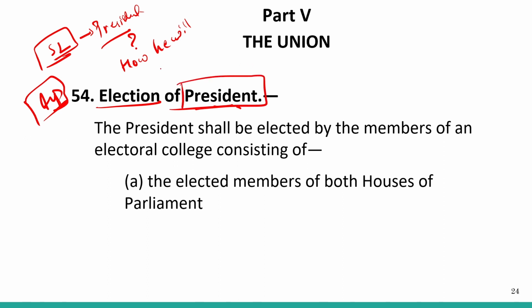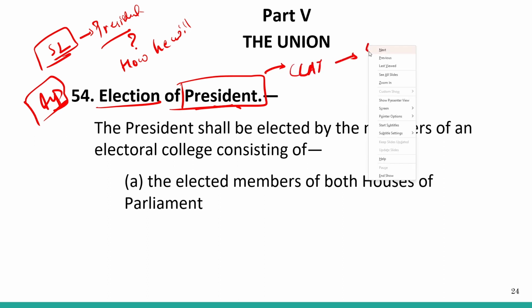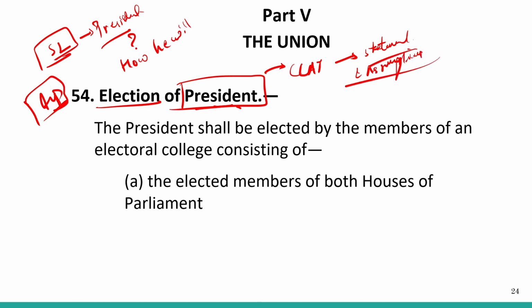We need to understand it because all the questions in your CLAT examination will be in the form of statement and assumptions, where a specific article will be given in the form of a statement, and then a storyline or a paragraph will be put in front of you, and you will be asked multiple questions over the same.